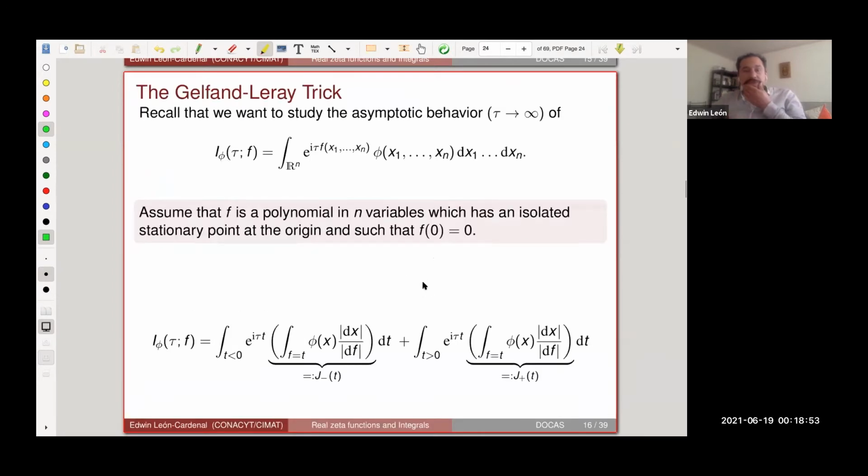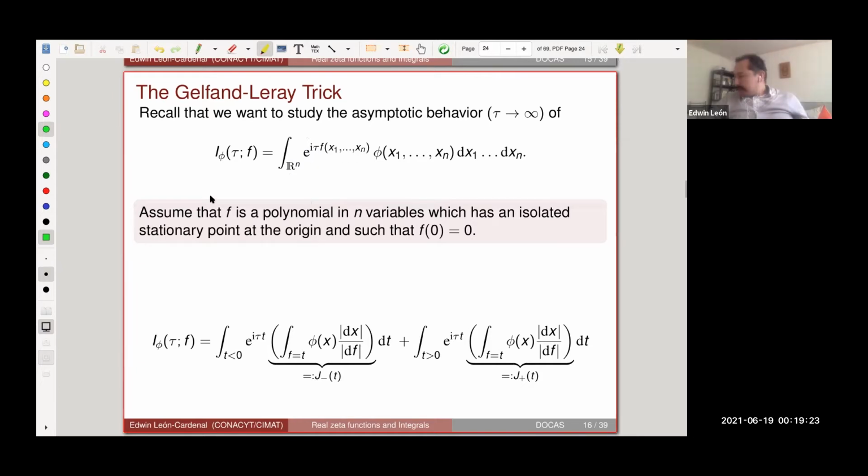Okay, so let's go back to the original problem, and we will try to see some tools to analyze the critical points of the function f inside the support of phi. So remember that the integral that we want to study is this one.